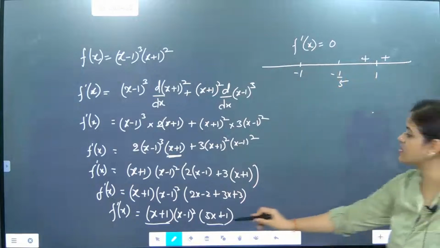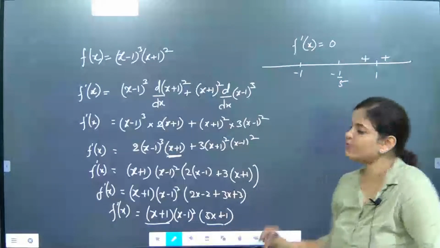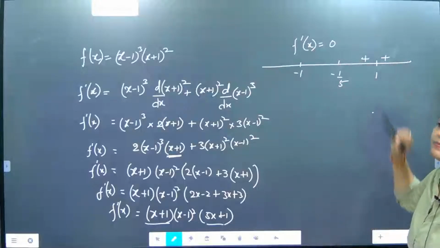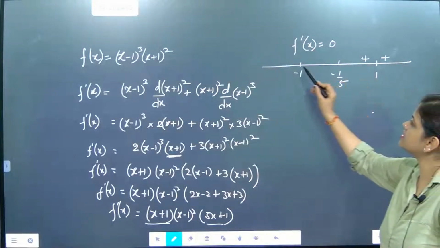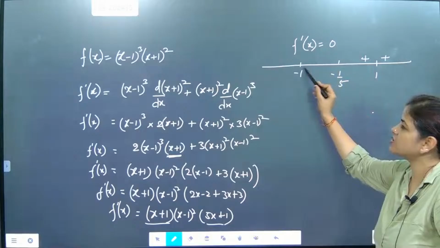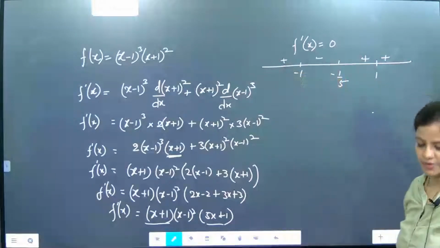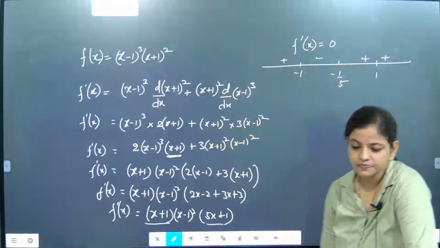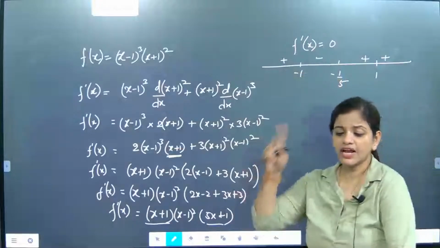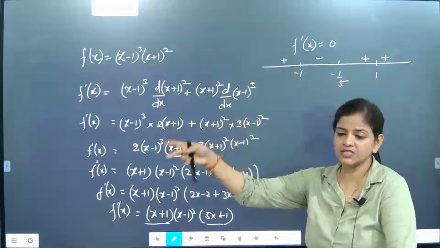Since (x minus 1) whole square is there, that point will become what beta? Both will become plus. Now you check here, (x minus 1) is there, so we will be writing minus here and this part will become plus. Usually we write plus minus plus minus, correct?